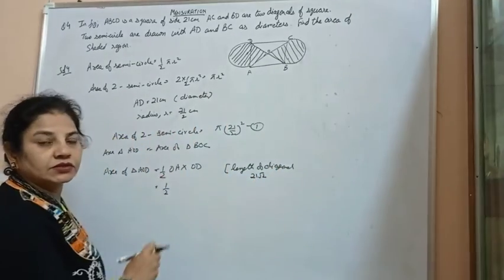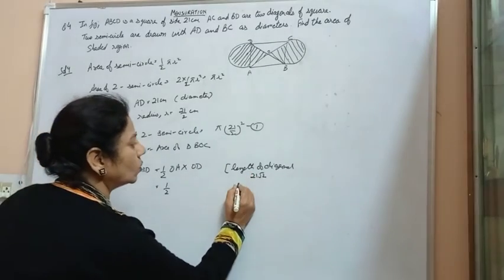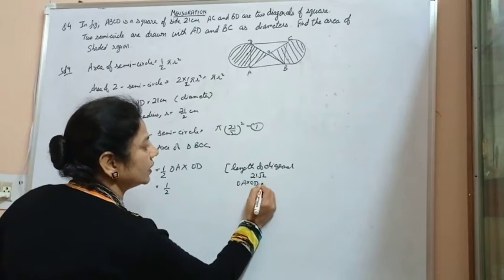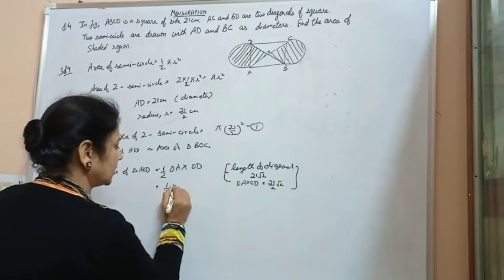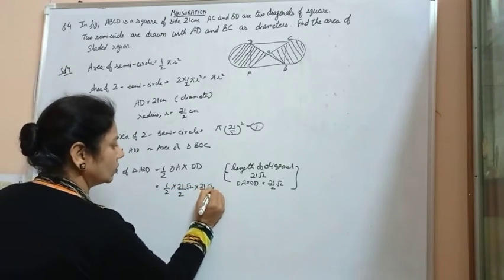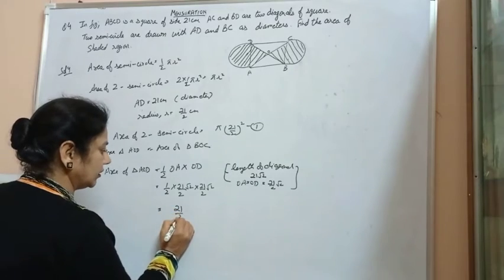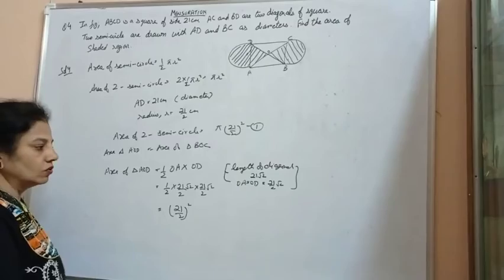As 21 is the side, the diagonal is root 2 times the side, so this gives me 21 root 2, and OA equal to OD will be 21 by 2 root 2. So I substitute the value, 21 by 2 root 2 into 21 by 2 root 2, which gives the result 21 by 2 whole square. So the area of triangle AOD is 21 by 2 whole square.